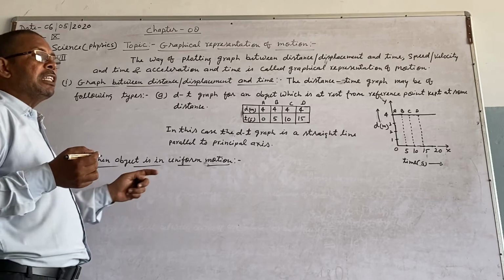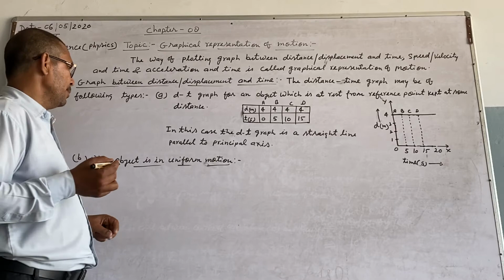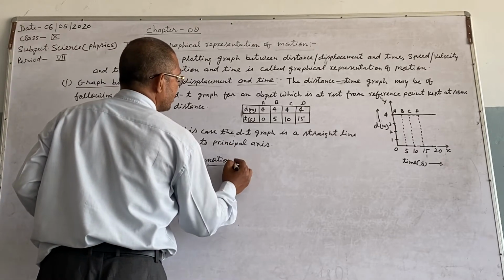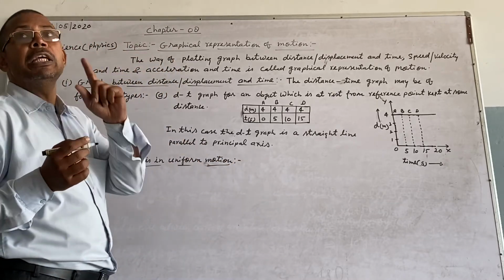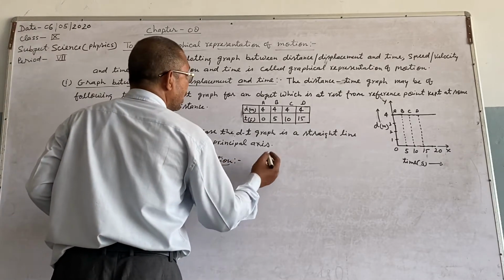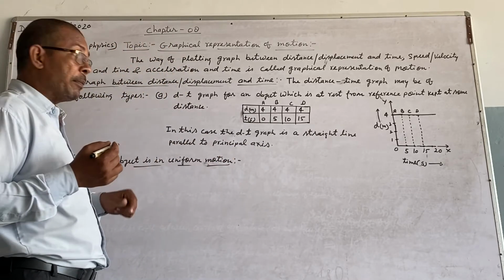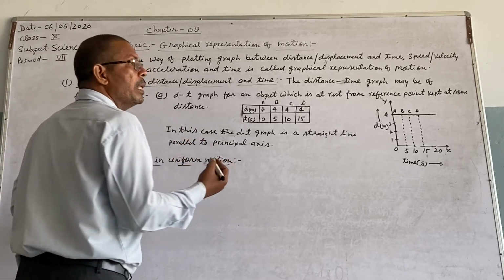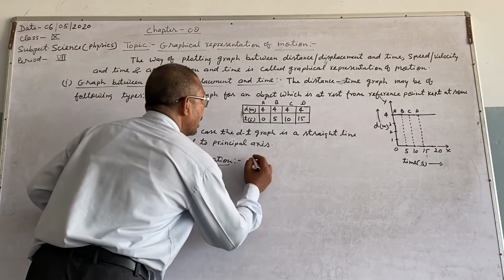That is, object is moving with constant speed, constant velocity, right? In this case, object will travel equal distance in equal interval of time. So, what will be the nature of the distance time graph? Suppose, consider some information regarding the motion of an object during uniform motion like this.